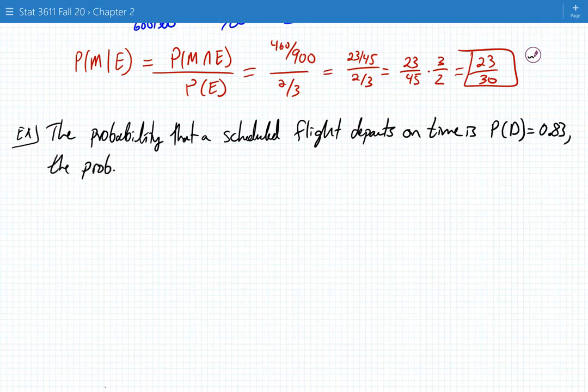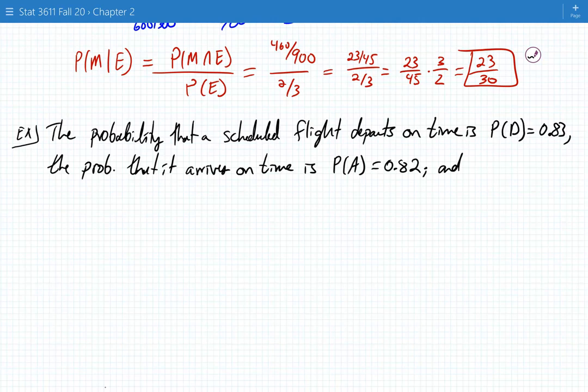The probability that it arrives on time, say P of A, capital A for arrival, is 0.82.